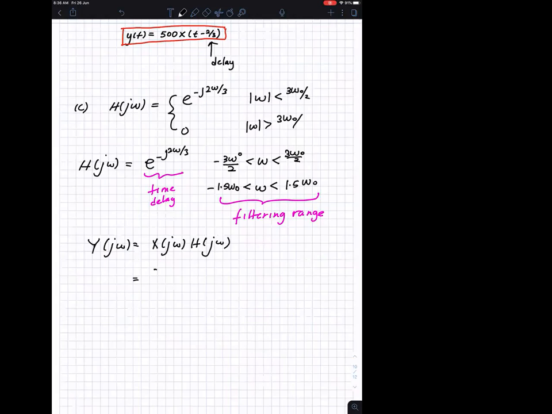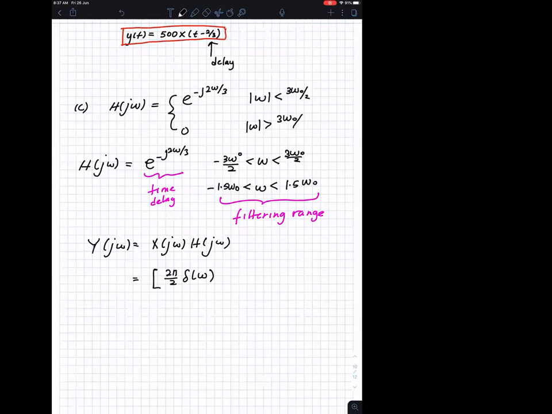It is 1/2, the DC is 2 pi over 2, right? It's located at omega 0. The DC, this is the equation for the DC.